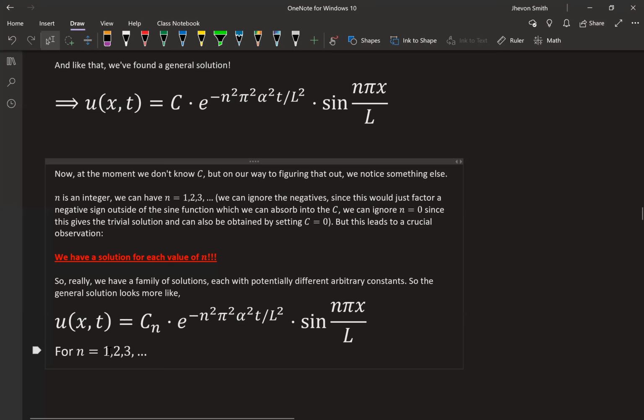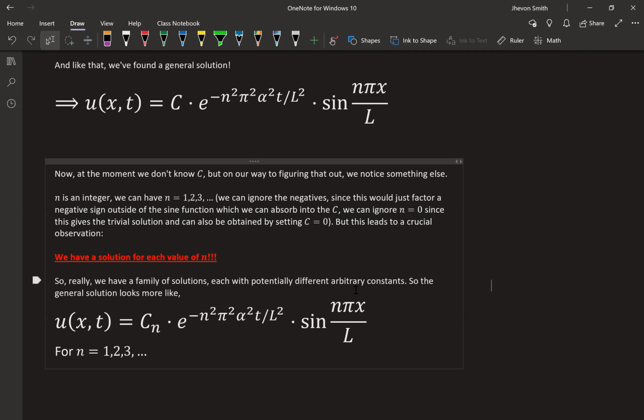Secondly, when my n is negative, what would happen is sine of minus x is equal to negative of sine x, because sine is an odd function. So I'd just be able to factor out a negative and absorb it into this constant anyway. So I can ignore all the negative n's. I can ignore n equals 0 because I can recover it from the cn's themselves, and it's superfluous to have them. So let's not actually talk about it.